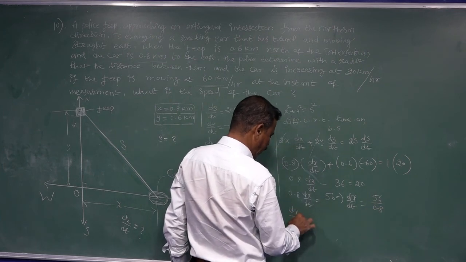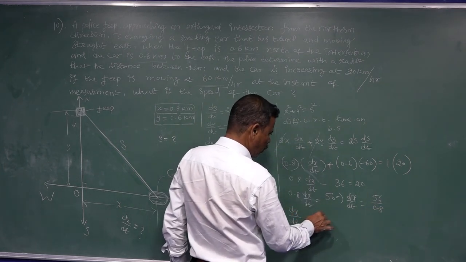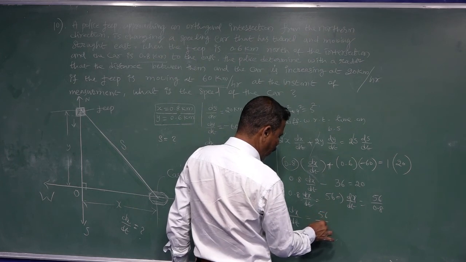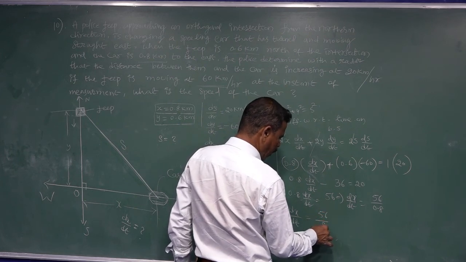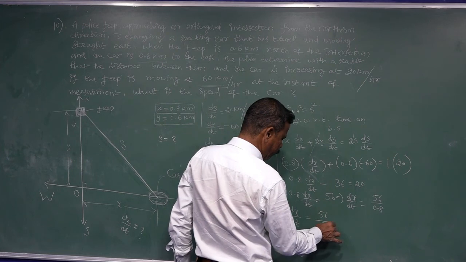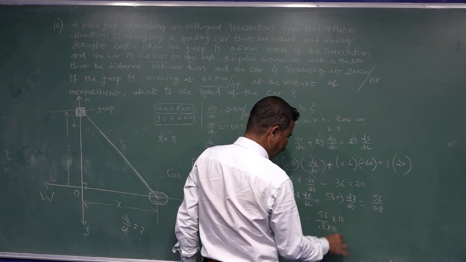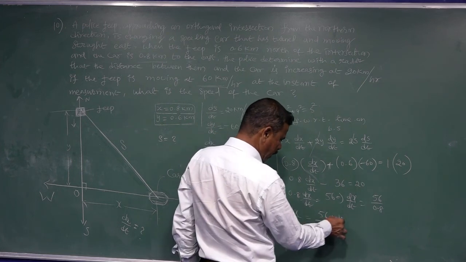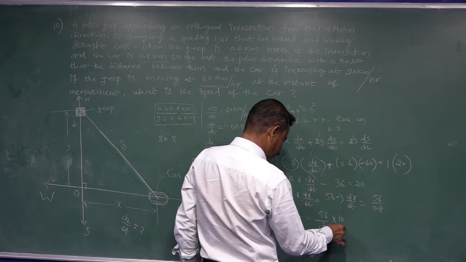Multiply by 10 by 10, so this is 560 by 8.